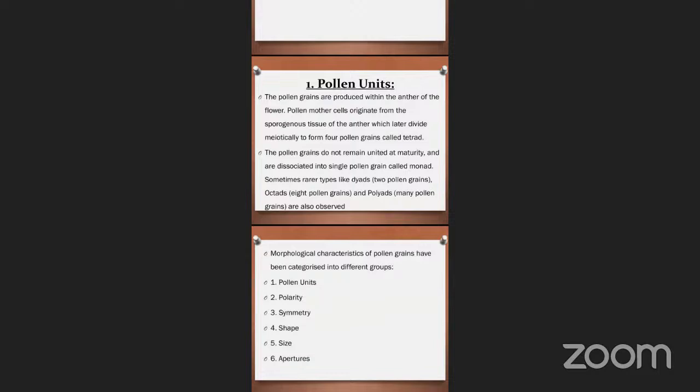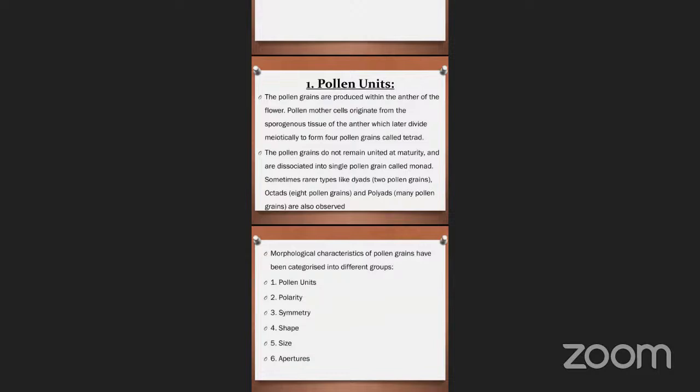The tetrad may be isohedral, bilateral, linear, of different types. Already we have seen that. But when mature, they are separated into single units. In most plants, after development the pollen grains are separated individually.